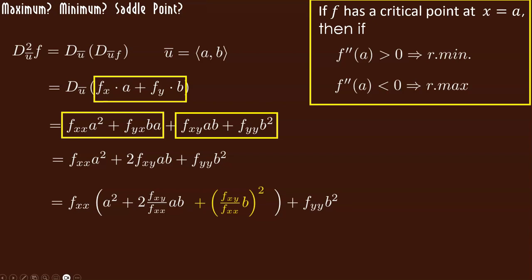Notice I added this expression, (f_xy over f_xx times b) squared, but on the outside of this expression, I have f_xx. So when I try to remember what I actually added, one of those f sub xx's on the bottom cancels out. So what I really added on the inside was just this. So I want to subtract it on the outside.